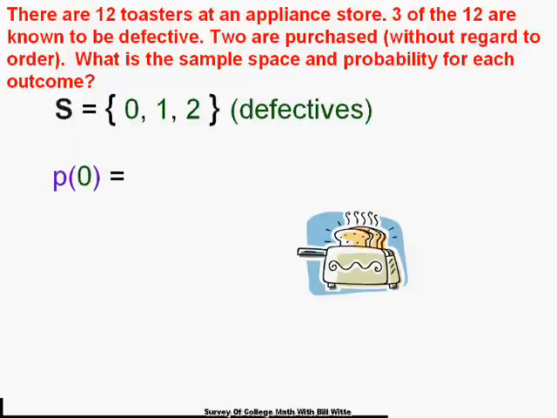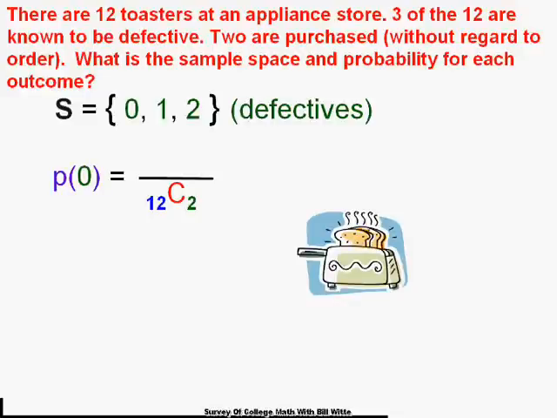The probability of none of my toasters being defective: let's put in our fraction and count, first of all, the sample space. I've got 12 total toasters, and I'm selecting 2, so it's a combination of 12 taken 2 at a time.